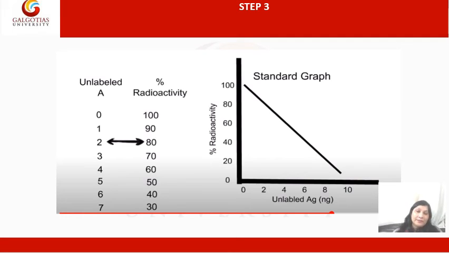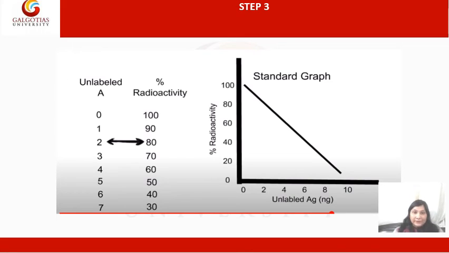Again we will perform the same step by increasing the amount of unlabeled antigen, and remember we have to perform this experiment on microtiter plates of 100% radioactivity, meaning we need approximately 10 microtiter plates, right?